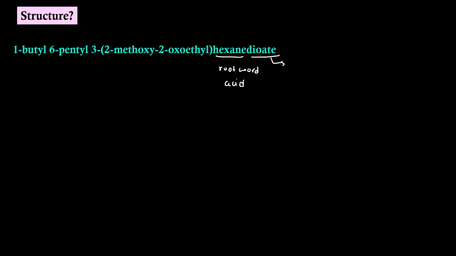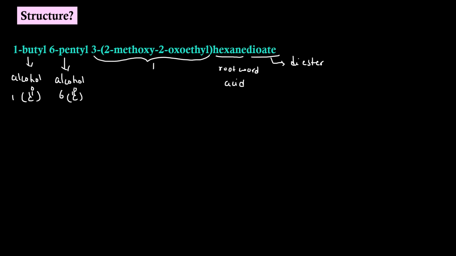Dioate indicates it's a diester. 1-butyl is the alcohol part on the first carbonyl. 6-pentyl indicates the alcohol part on the sixth carbonyl. This whole thing is a substituent, that is, a prefix on the acid part.